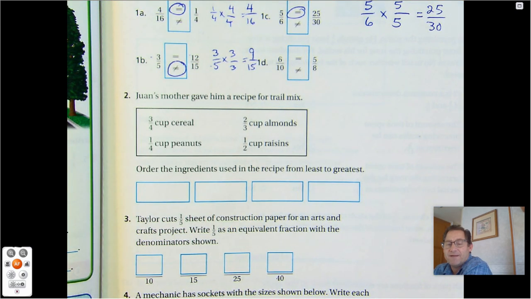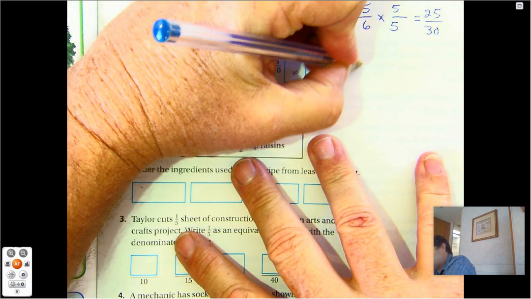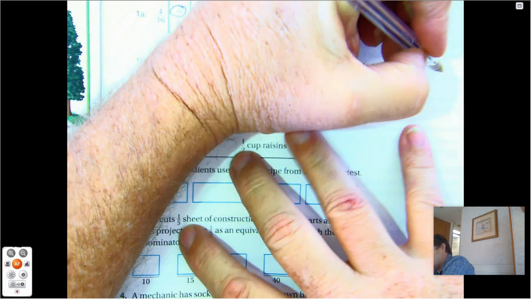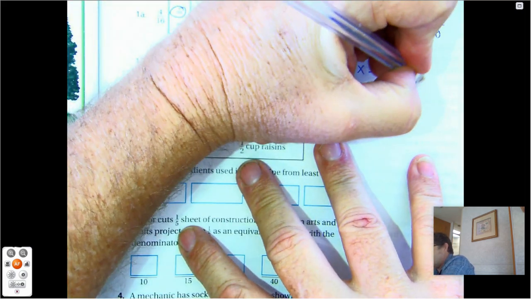6/10, 5/8. Well, can you multiply 5/8 by a whole number or a factor that would give you tenths?